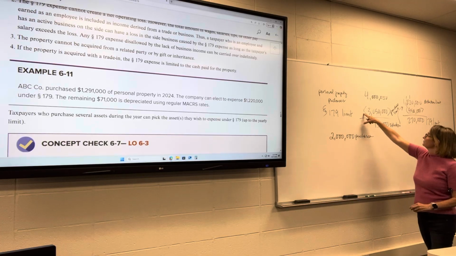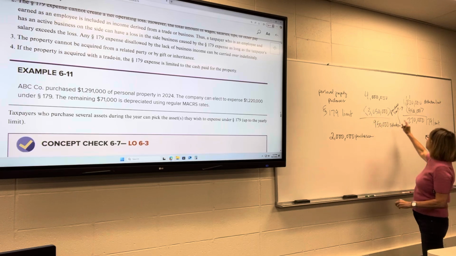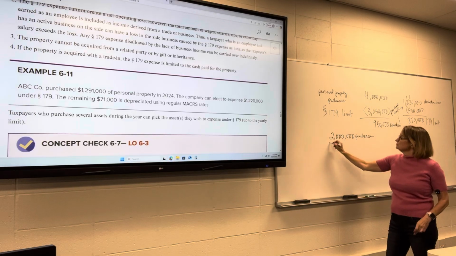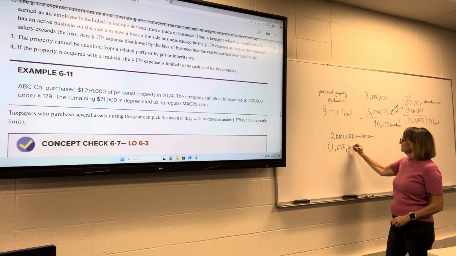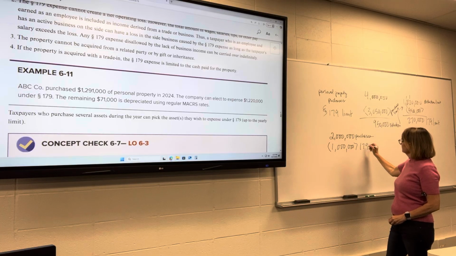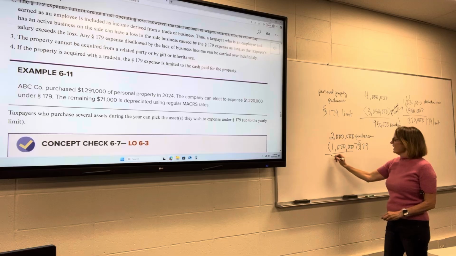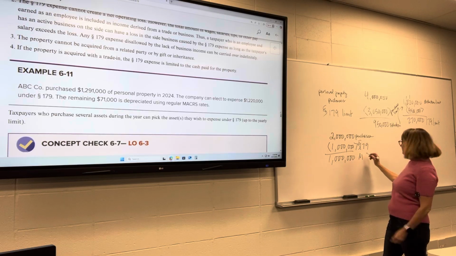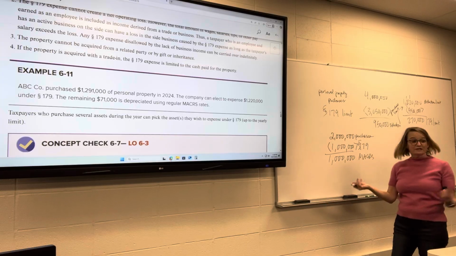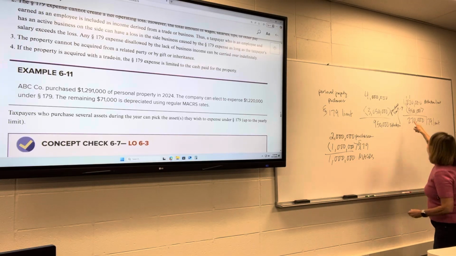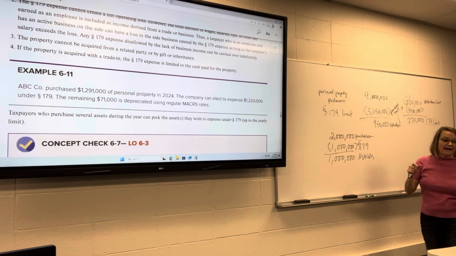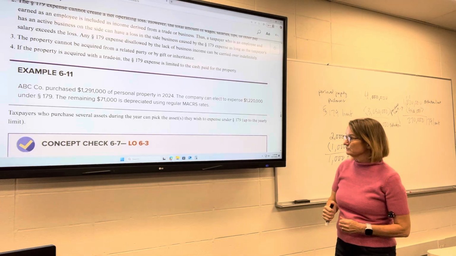That is below the $3,050,000, so we don't have to deal with that limit, but we're still limited in total to our deduction of $1,220,000. We can choose to just take $1 million as 179. Then we'll have another million that we'll depreciate using MACRS. We just can't exceed $1,220,000 in 2024. We cannot elect more than that amount.